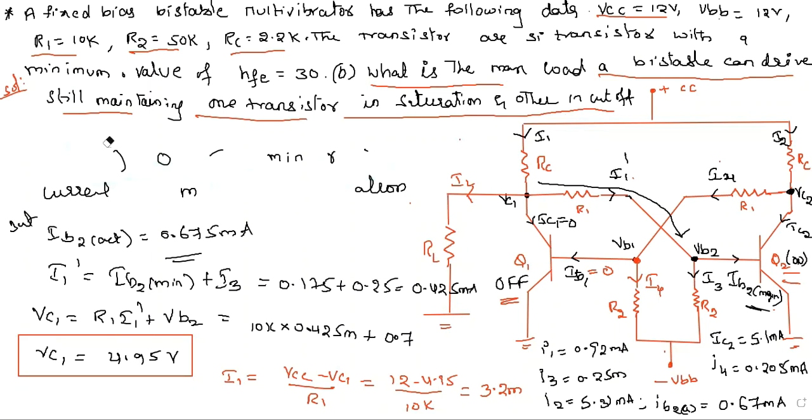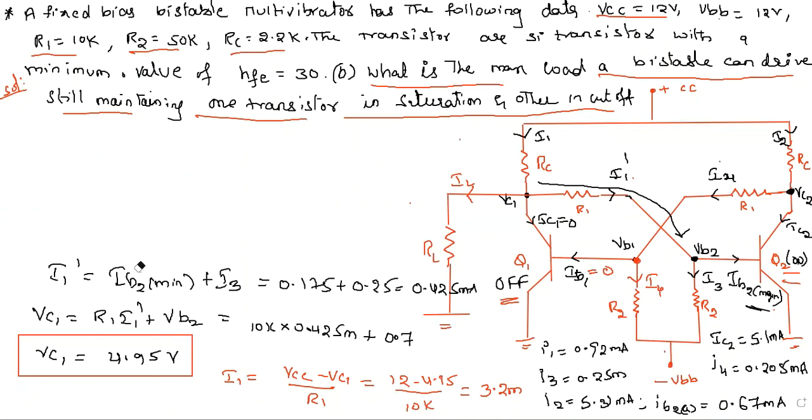Now everything is known, so let us calculate the value of IL. Apply nodal analysis at VC1. I1 is entering, I1 dash is leaving, and IL is leaving.